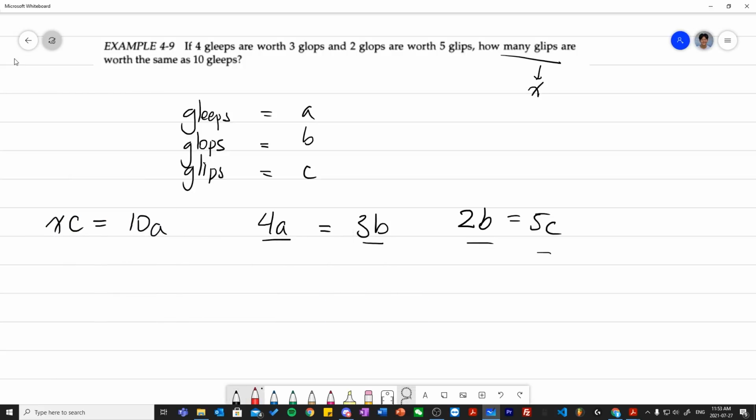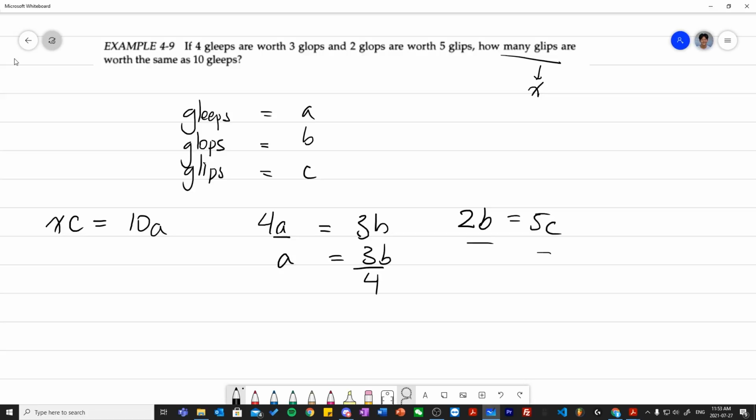In order to convert a to b, what is a in terms of b? To isolate a, we move 4 to the other side, so we have 3 over 4 b equals a.